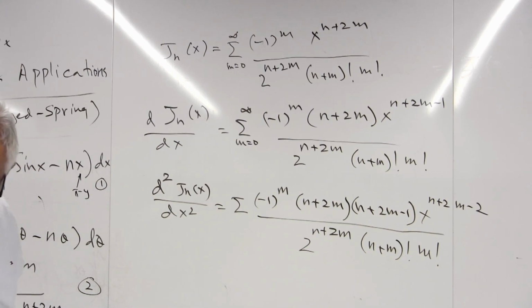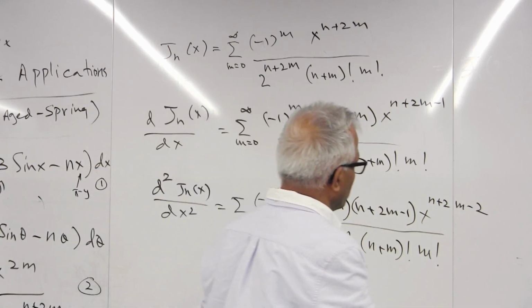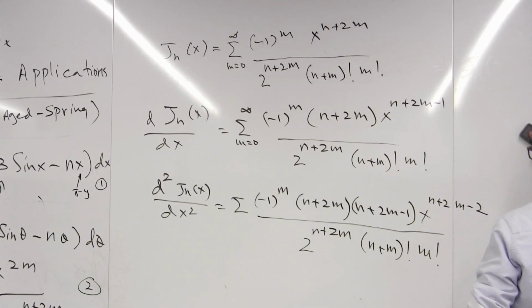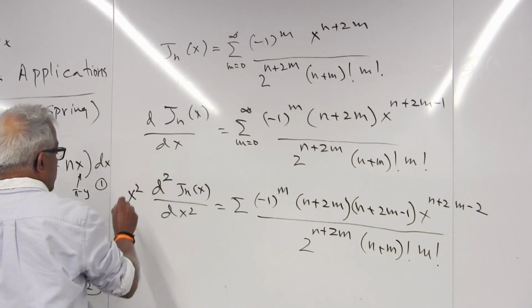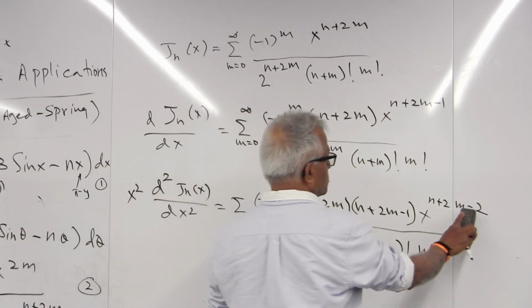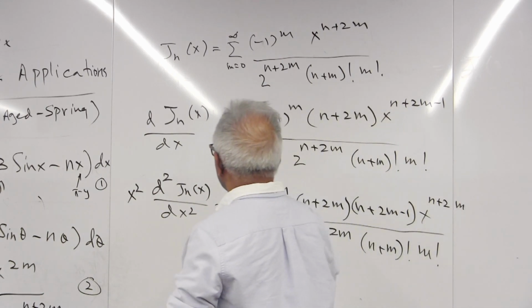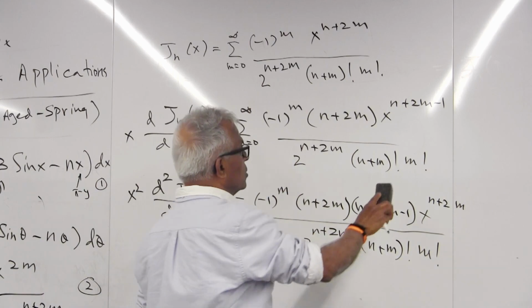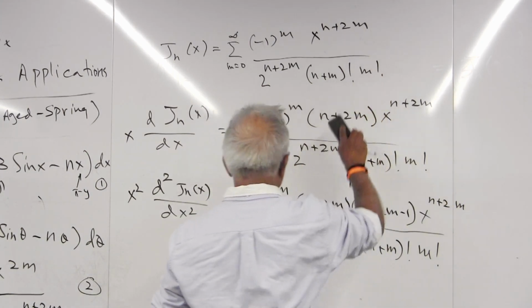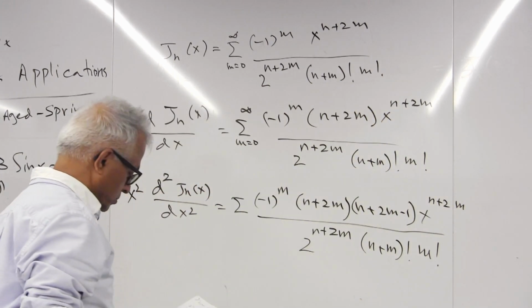Okay, so now I am going to multiply the last expression with, rather than rewrite again, I'm just going to multiply this with x squared. So the only thing is this power would go away. And here I'm going to multiply by x so that all the powers become equal on all the three.